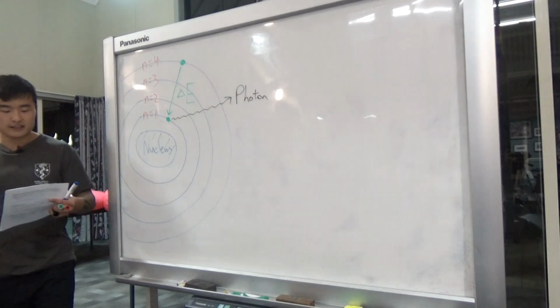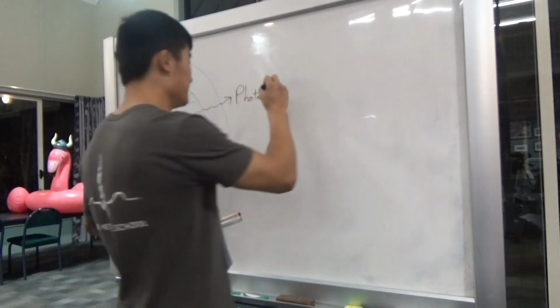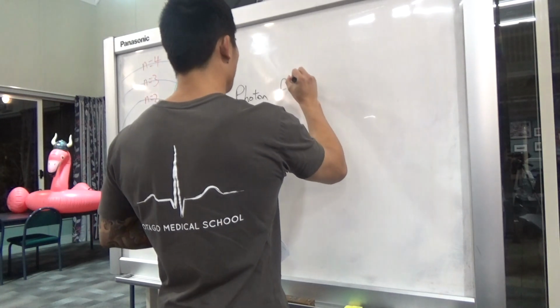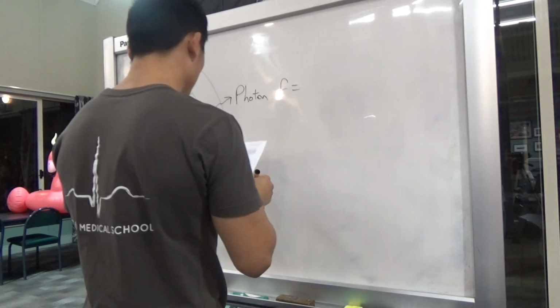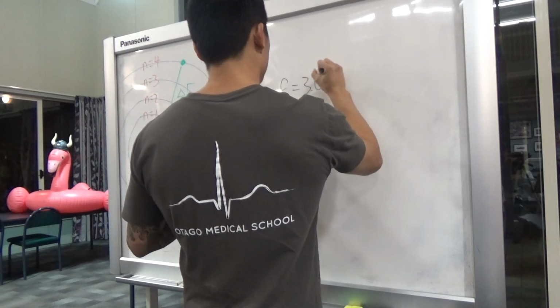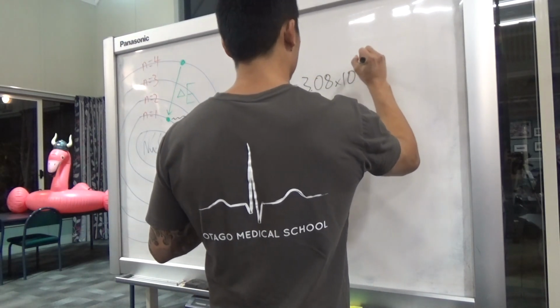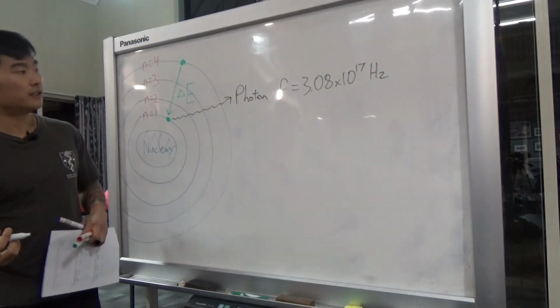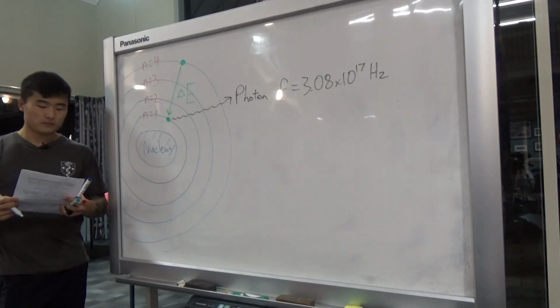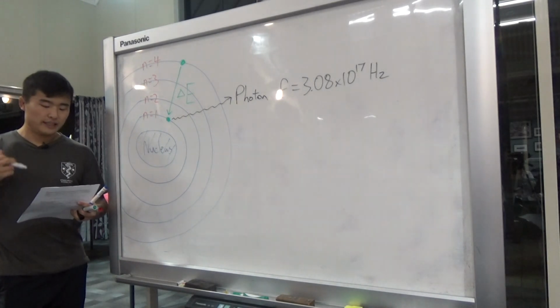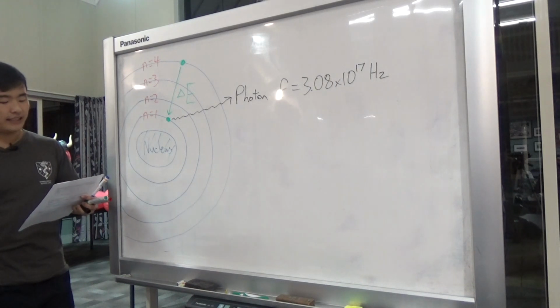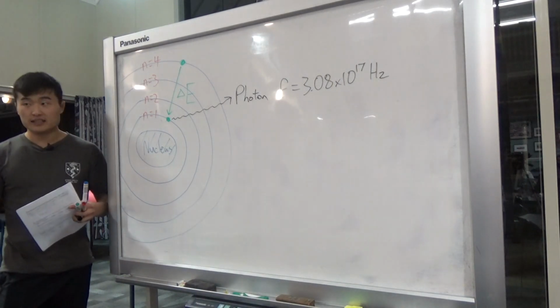That photon has a frequency equal to 3.08 times 10 to the power of 17 hertz. Now, the atom is hydrogenic, which means that there's only one electron.